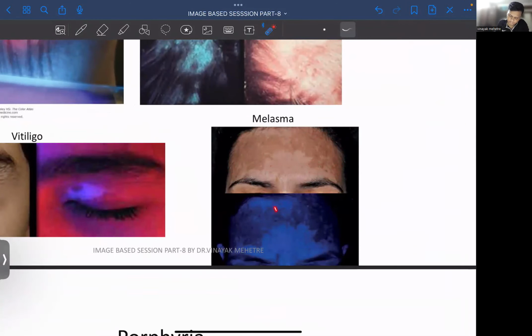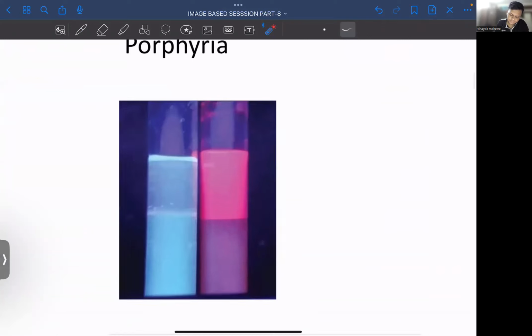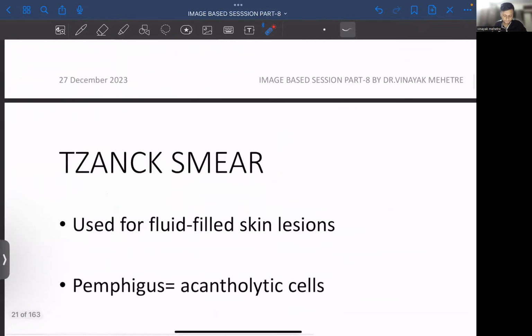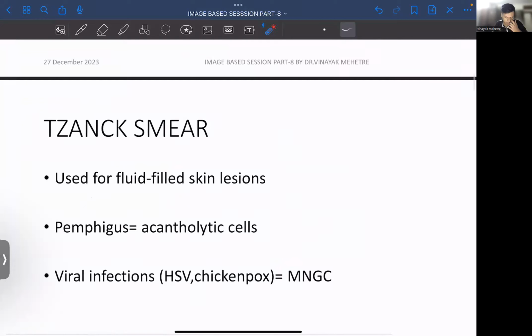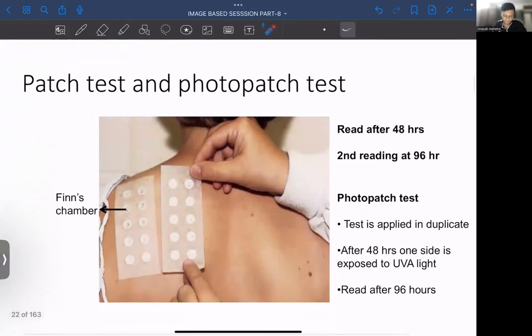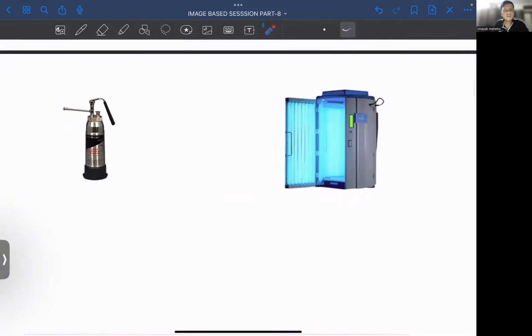It will become more black. Porphyria, as I said, urine will be pink. Okay, understood this much? Tzanck smear, you just have to read this. Patch test, skin biopsy. Now comes, what is this first one?